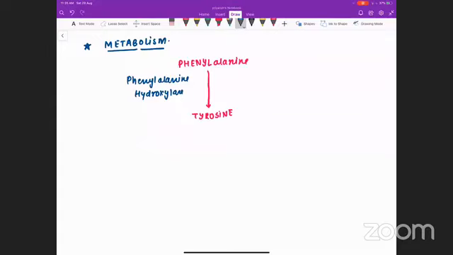We also require a cofactor with the name of BH4. BH4 will convert into BH2, that is called as dihydrobiopterin.